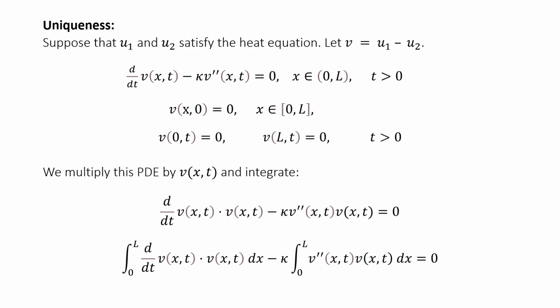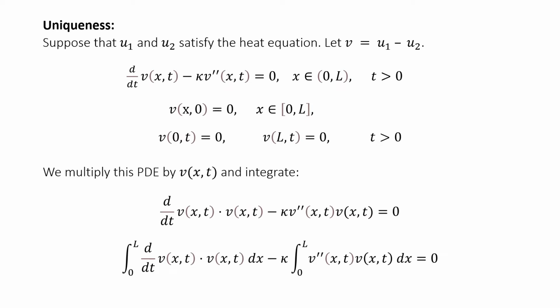And what we will do is we take the first equation, the partial differential equation satisfied by v, multiply it by v itself, and then we integrate in space. So let's first multiply it by v. Then we have got d over dt v(x,t) multiplied by v(x,t) minus kappa v''(x,t) times v(x,t) equals 0. Now we integrate in space.